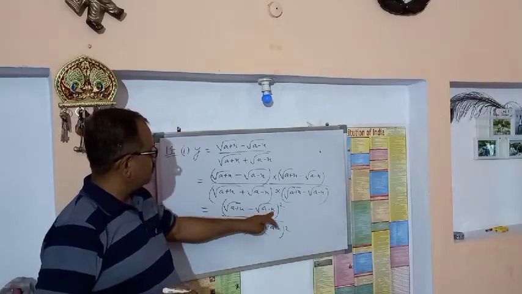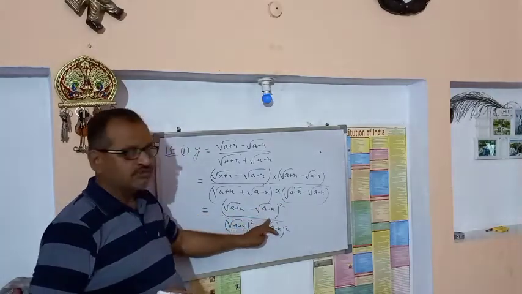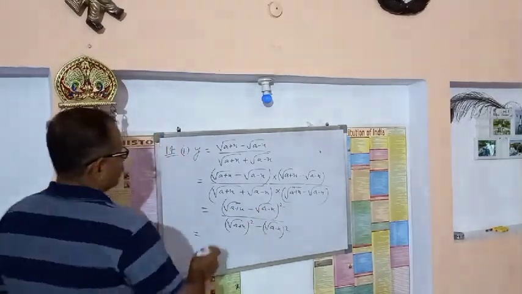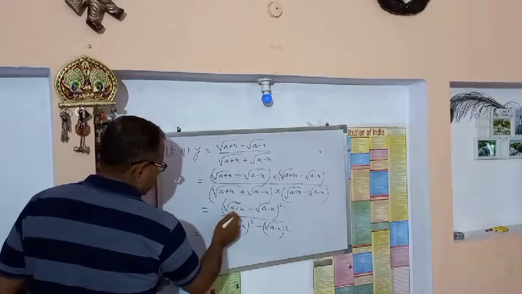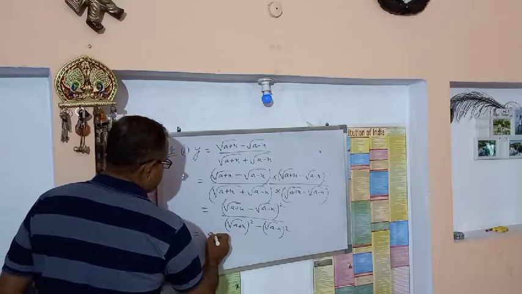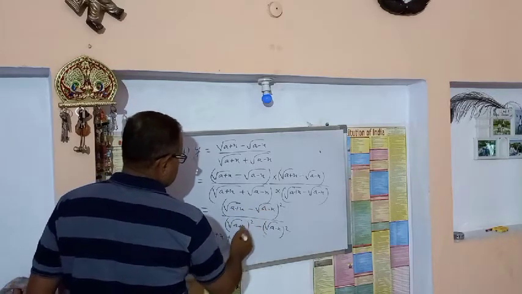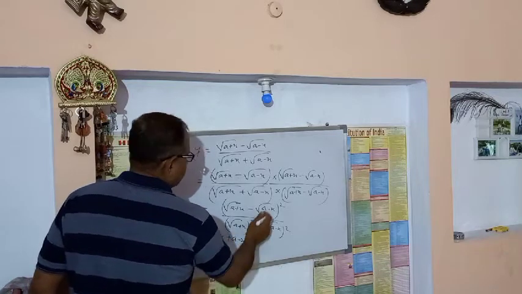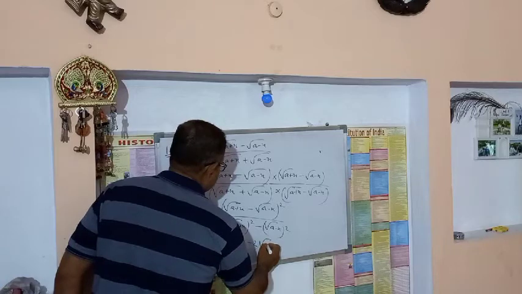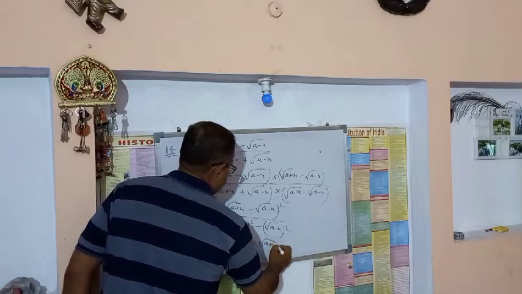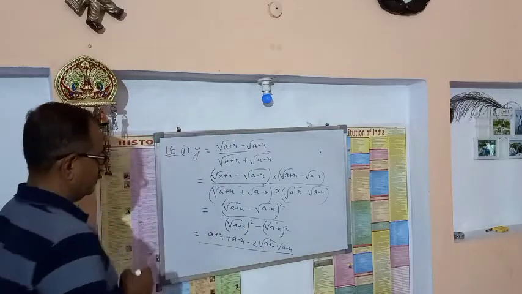Use here the a minus b whole square identity. A minus b whole square is a square plus b square minus 2ab. So what will be a square? When we take the square of root a plus x, we have to remove the root, so only a plus x. Plus b square will be a minus x, minus 2ab, so 2 under root a plus x into under root a minus x.